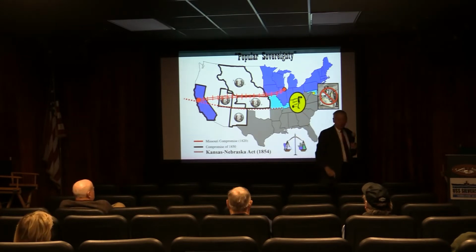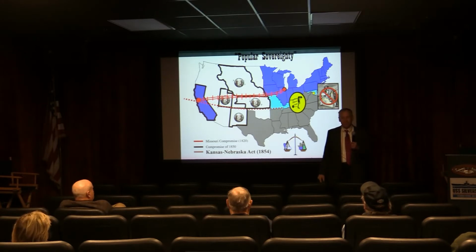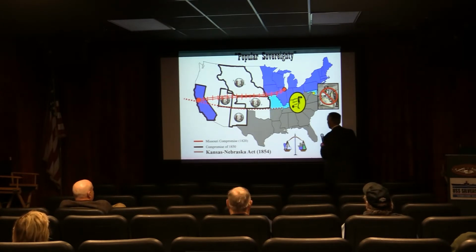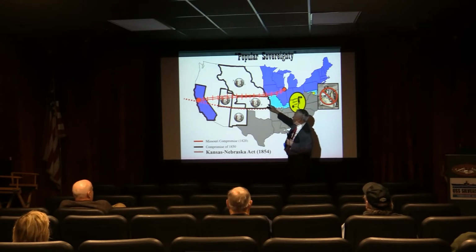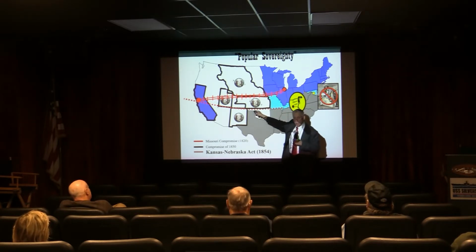Unintended consequences are a real pisser. And what happened in Kansas and Nebraska truly was a pisser. Although there was a great deal of interest in turning these states to slave states, there was an equally adamant decision or feeling from northern states to not let them go slave.